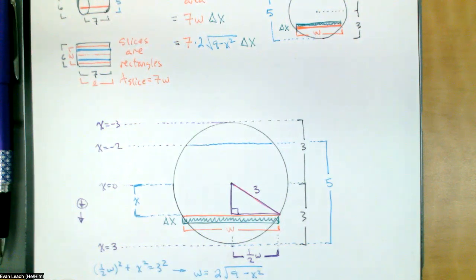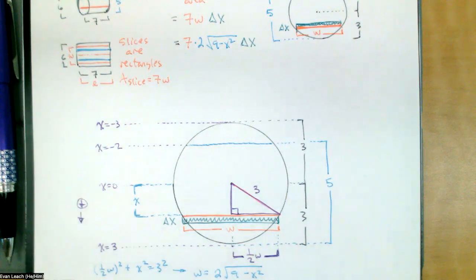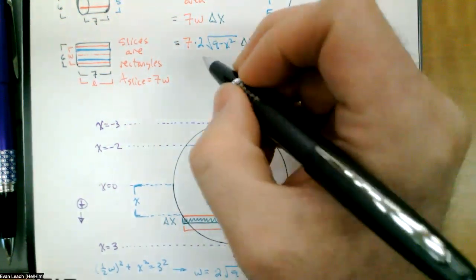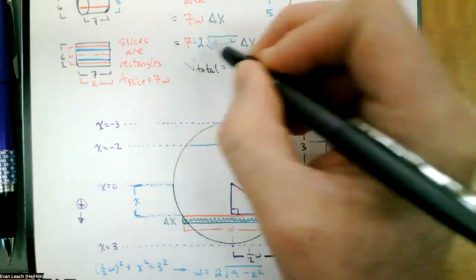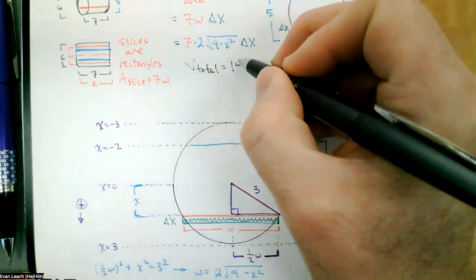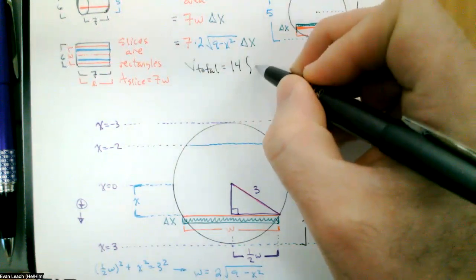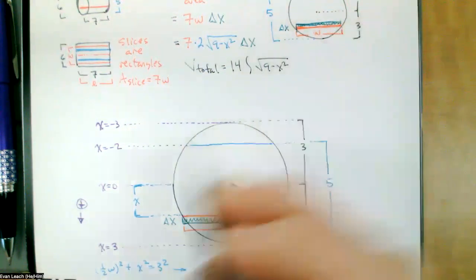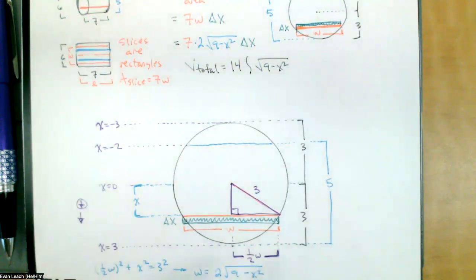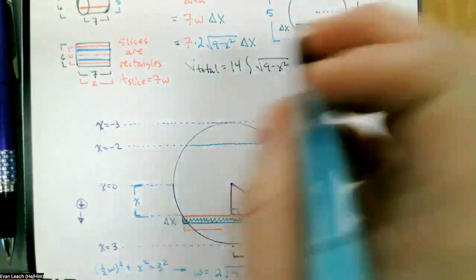We can turn our development into a definite integral and write our total volume. I'm going to take the 14 out of the integral, and we're integrating the square root of 9 minus x squared. In the definite integral, the discrete delta x becomes the continuous dx.